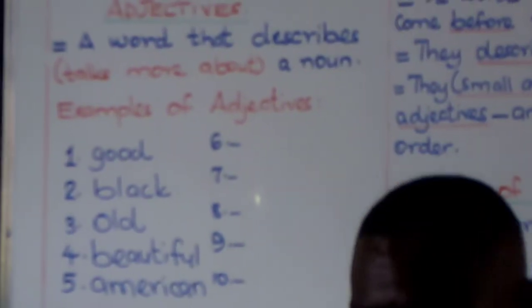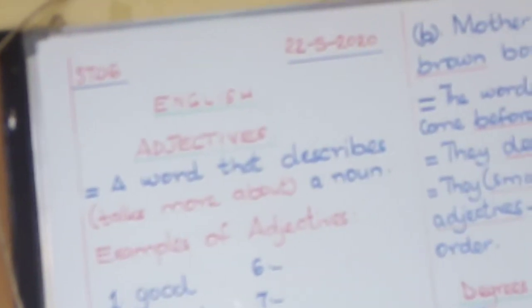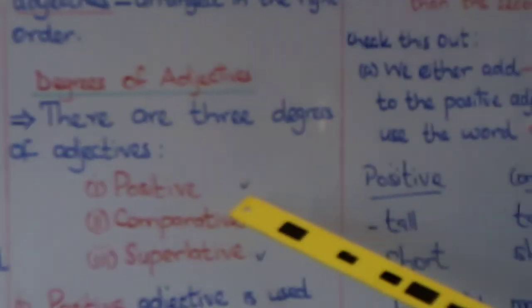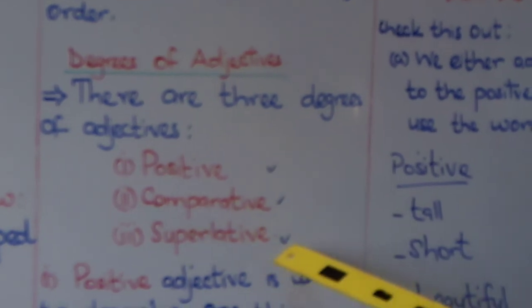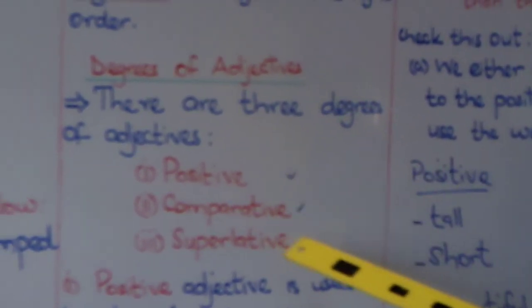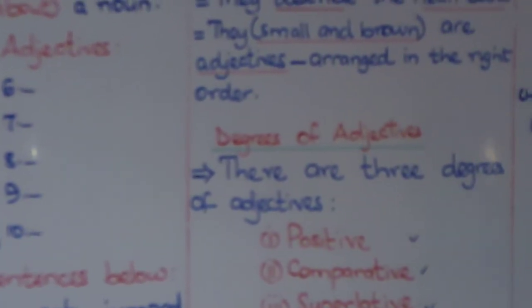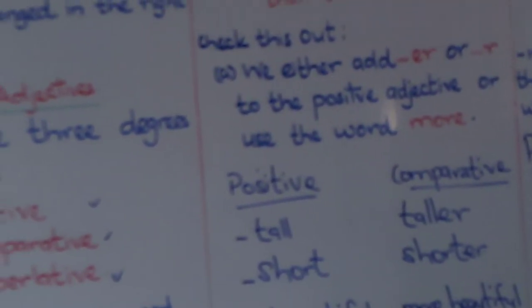That is the end of our lesson. What have we learned today? We have learned that we have 3 degrees of adjectives: positive, comparative, and superlative. Positive is about one thing, one idea, one creature.